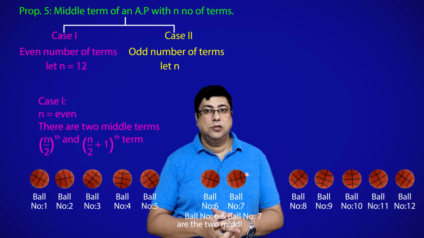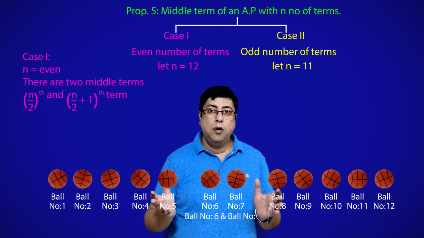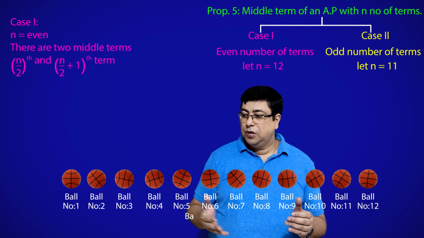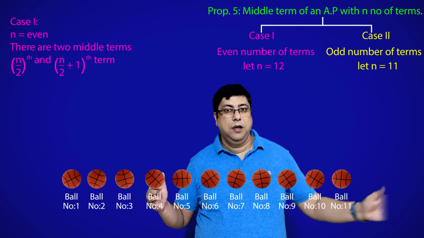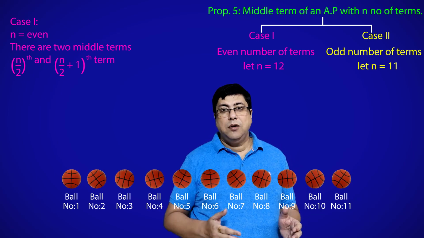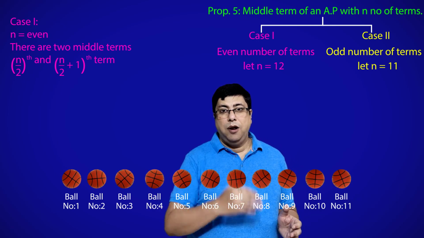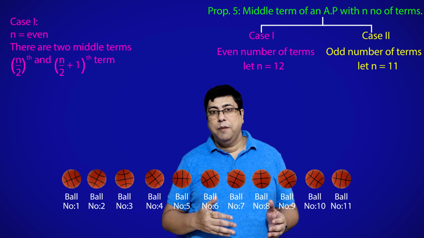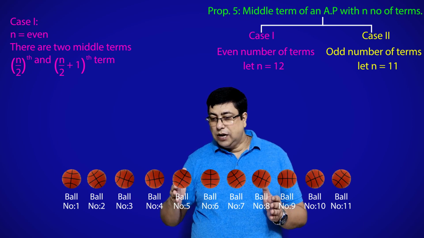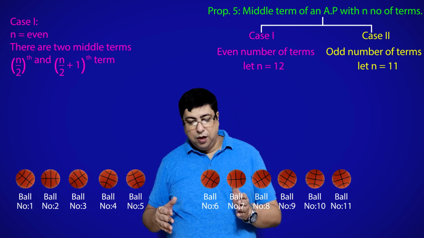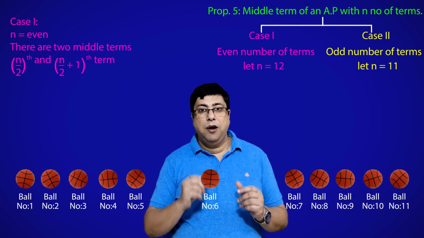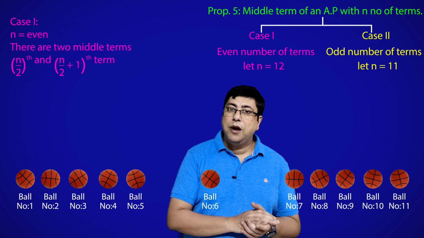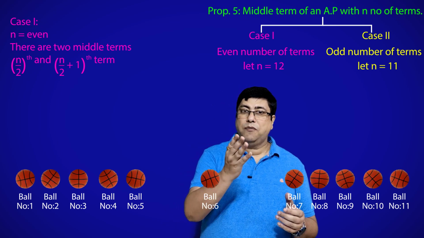Now let us check what will happen if n is odd. Suppose I remove one ball from here. If I ask anyone to select the middle ball, it is very easy for that person, because if we remove 5 from here and 5 from here, the 6th ball is the middle ball. Therefore what is the formula, everybody? Once again let us see what the formula is telling.